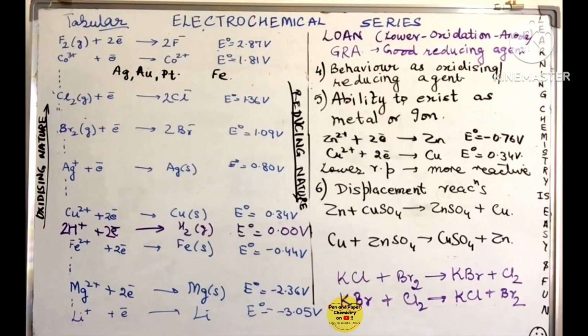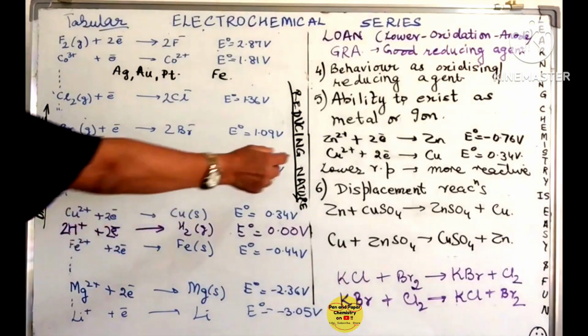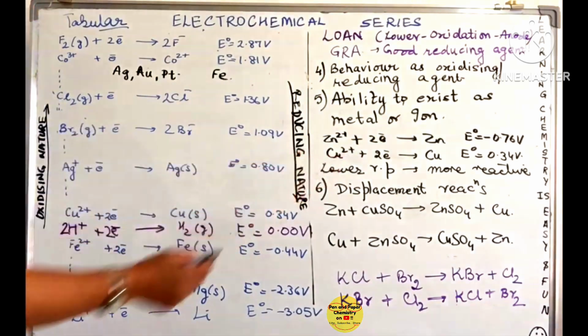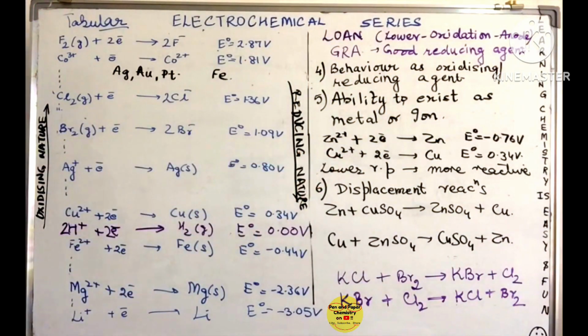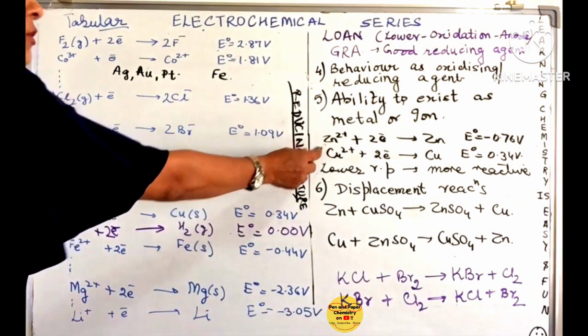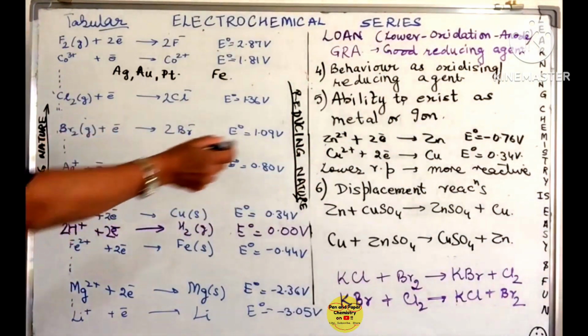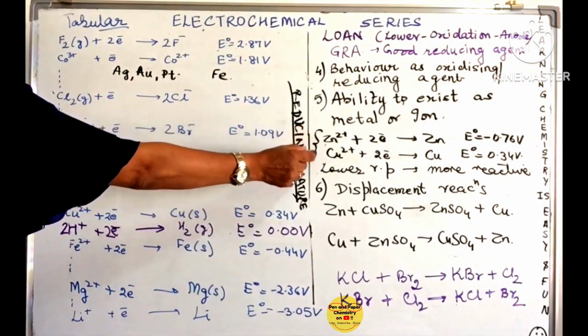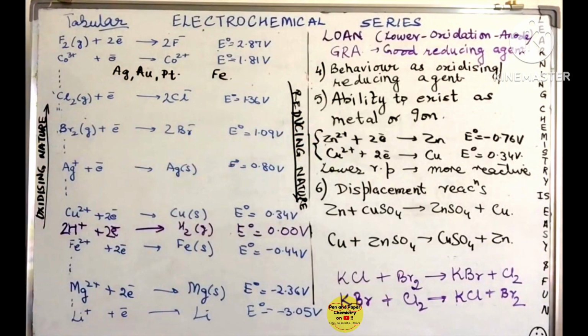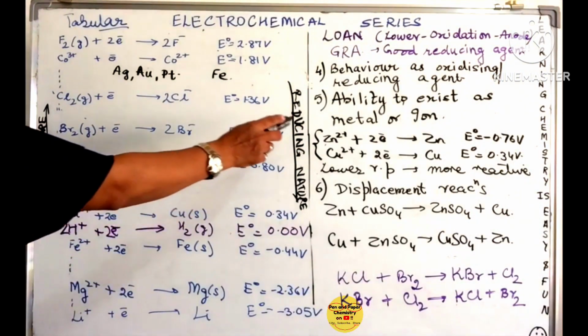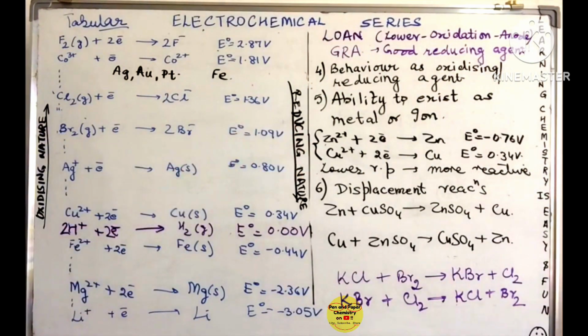So how can we explain it on the basis of its standard electrode potential? Go ahead. Yes. Lower the reduction potential, more reactive it is. Lower reduction potential of the metal. Now, for example, again, my favorite example, zinc and copper. I think by the time we finish this lesson, even you will remember these values.